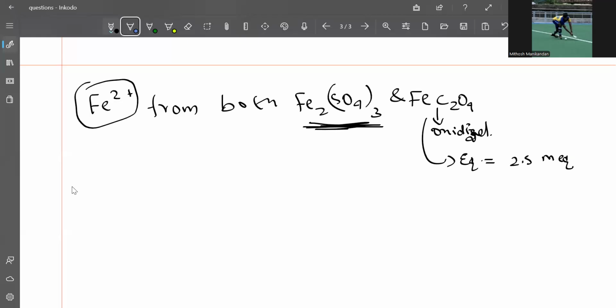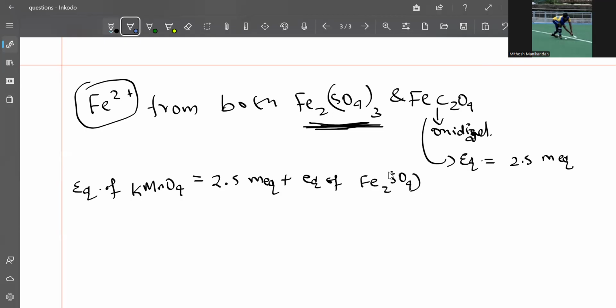This we don't know. So anyway, again, we are doing it with the KMnO4, right? The same KMnO4. Okay. Same KMnO4, 60 milli. So I can write equivalent of KMnO4 should be equal to 2.5 milli equivalent plus equivalent of Fe2(SO4)3.